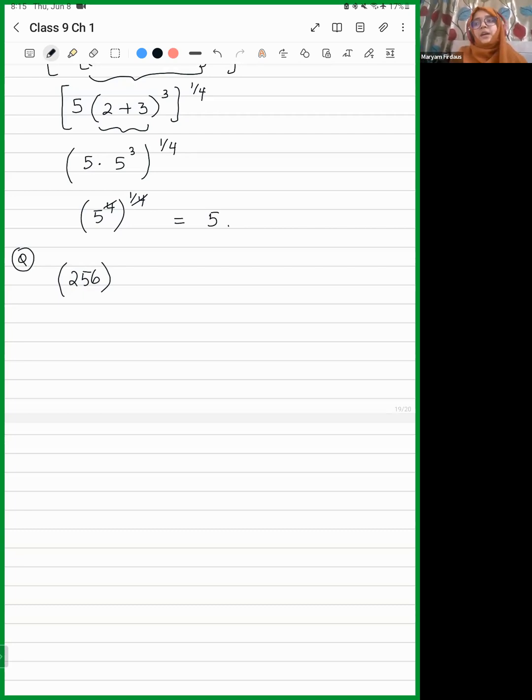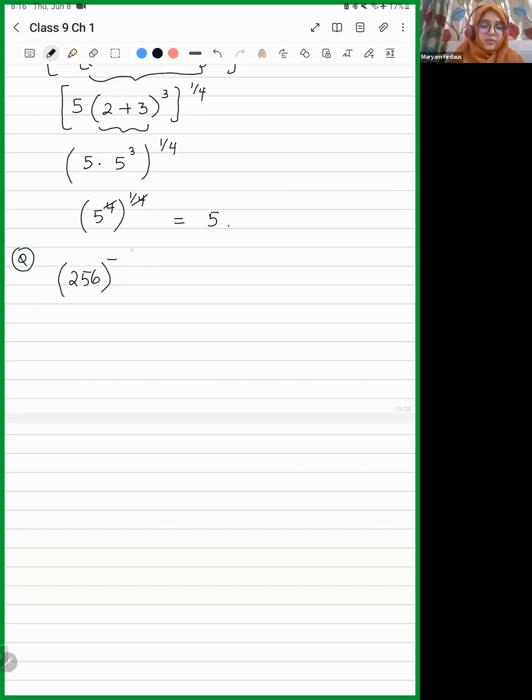If I randomly ask you what is 17 square? I won't be able to answer that. Okay, so one of your homeworks is you have to memorize the squares till 30. So do this and you will become very quick at calculations. Memorize the squares till 30 because that is what we usually use.